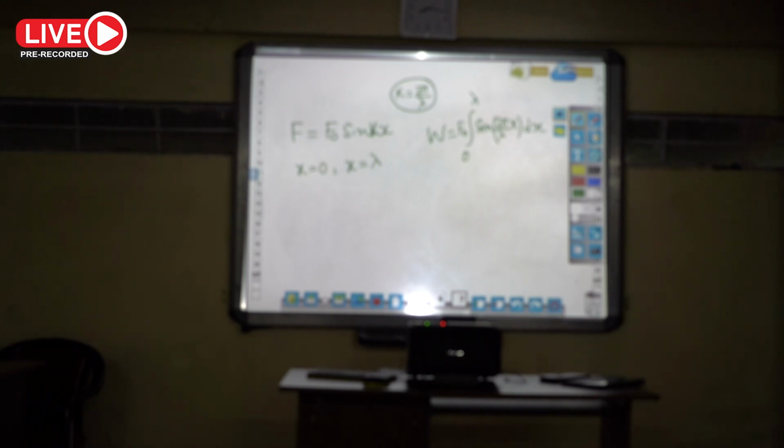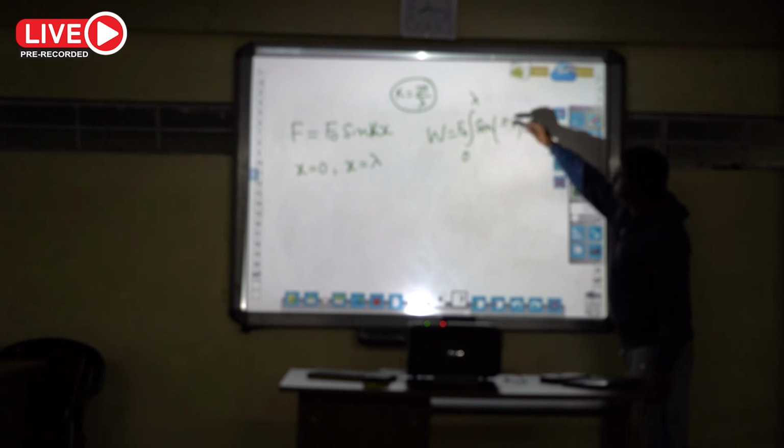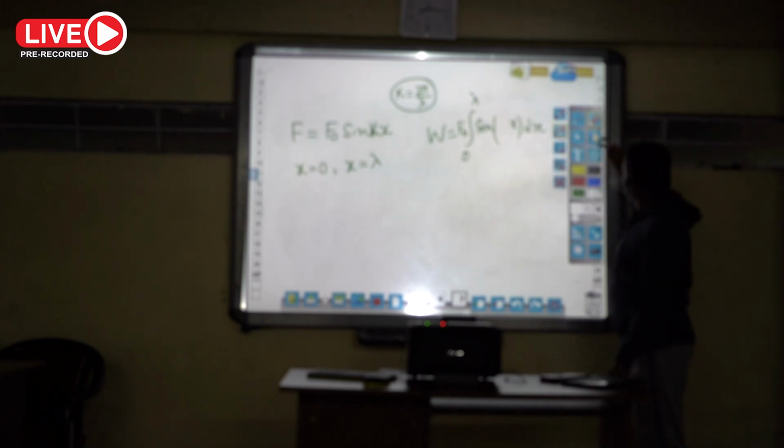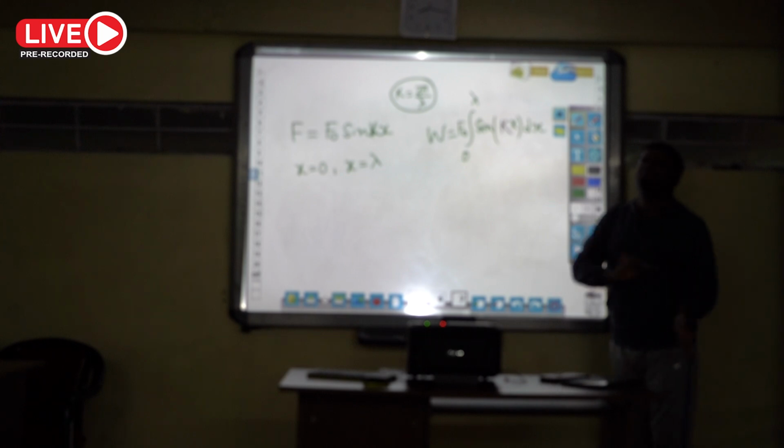Or you can simply put 2 pi by lambda equal to k, and finally put in the value of k. That is also possible. No need to write it out here if it seems difficult, so write it simply as k, then complete the integration and finally put the value of k.